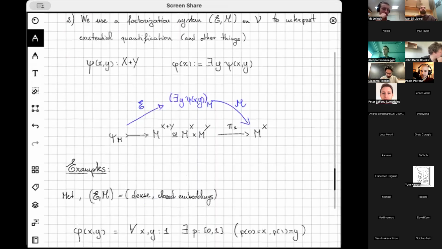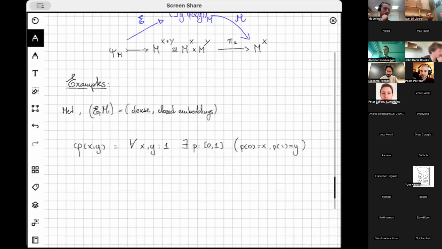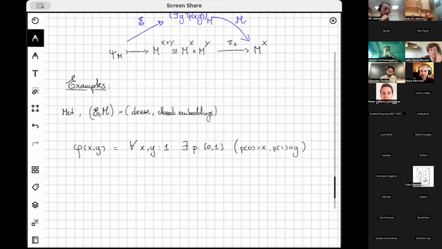Right, and let me maybe give you a few examples and then conclude. So I mentioned before the category of metric spaces, with the factorization system given by dense and closed embeddings. The important part is the left one, so the left part is given by the dense maps. And we can consider the regular formula phi(x,y), which is in some sense giving, again, path connected spaces.